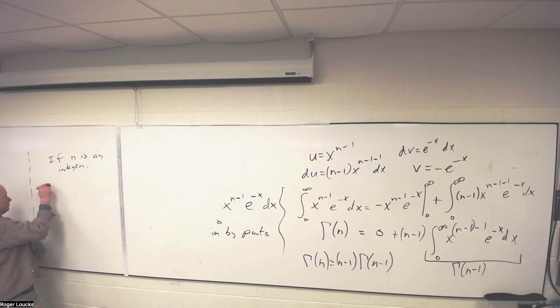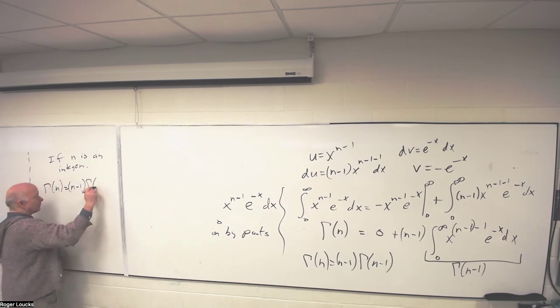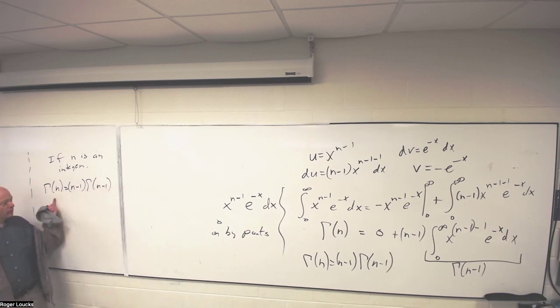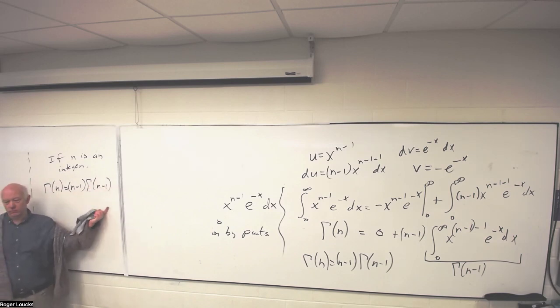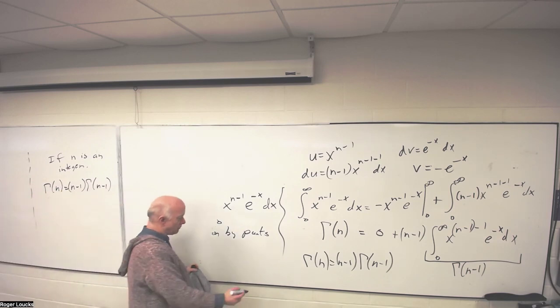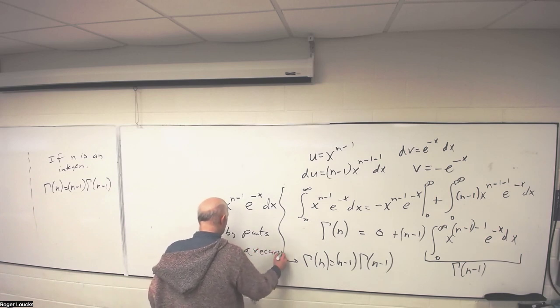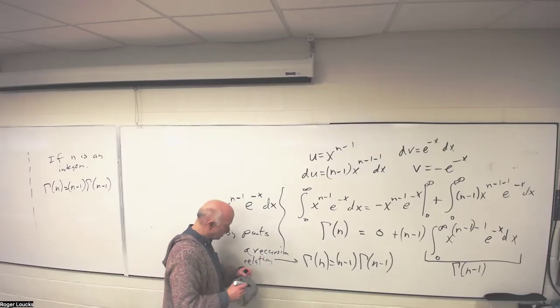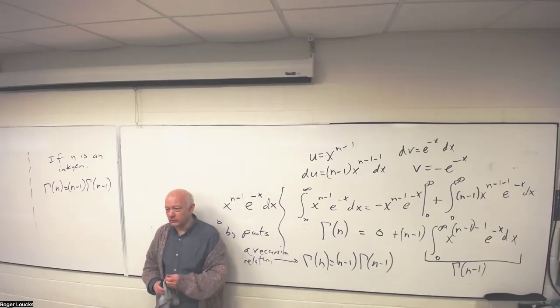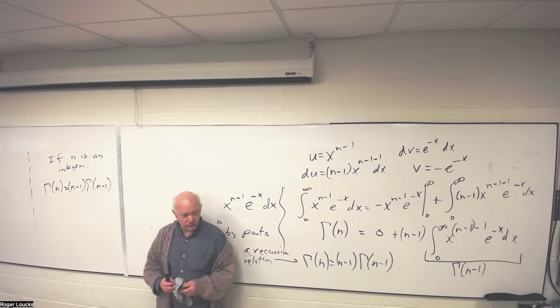We have gamma n, then n minus 1. What would a mathematician call this expression? A recursive definition. Yeah, this is a recursive or recursion relation. Recursion is one of those things where, when you get to it, it's like, oh no.